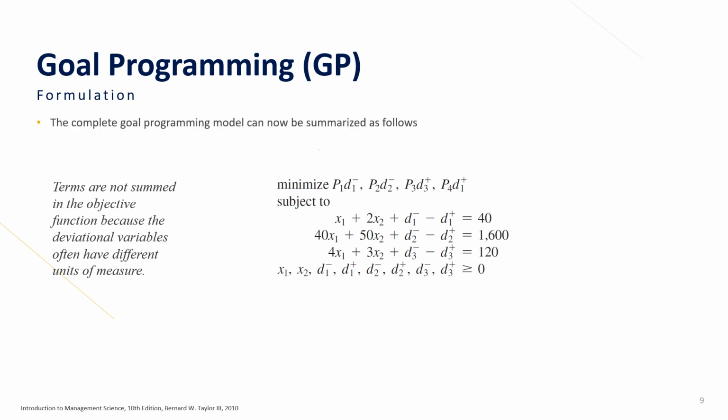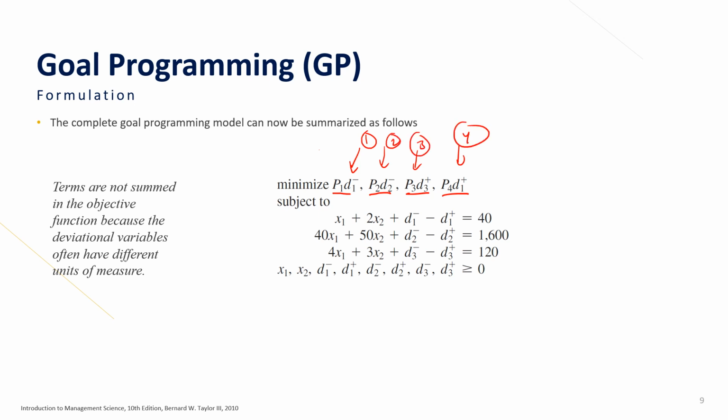Finally, we will have the new goal programming formulation, in which we will have all the goal constraints related to, I forgot, this is the labor goal, this is the profit, this is the material use, this is the overtime. Goals number 1, 2, priority 1, priority 2, 3, and then 4.